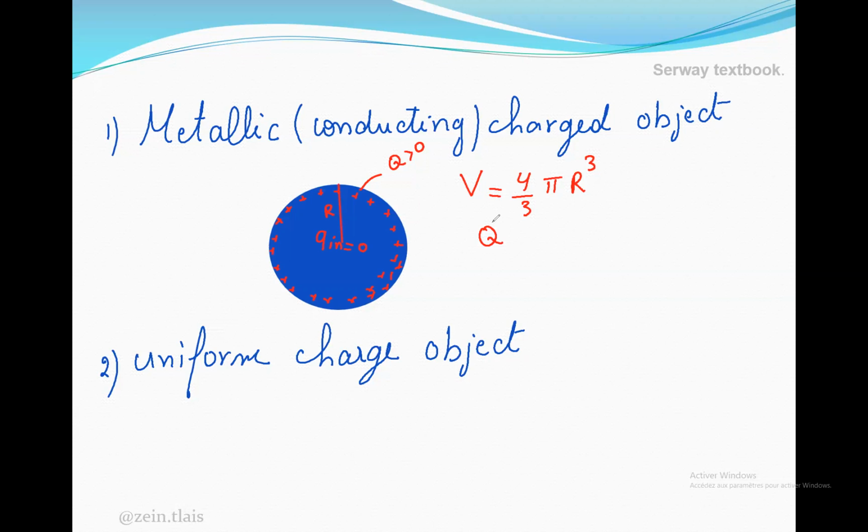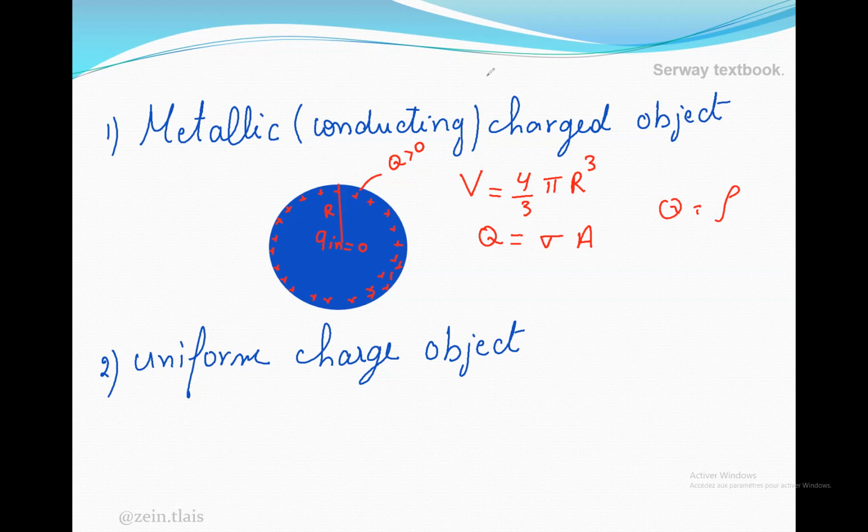In our case here, the charges are distributed only on the surface. So the charge must be equal to sigma A. We cannot say Q equals rho times V, because we don't have the case of volume charge distribution.